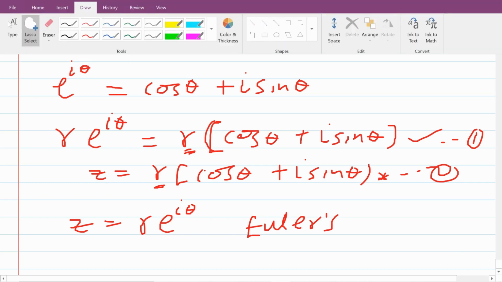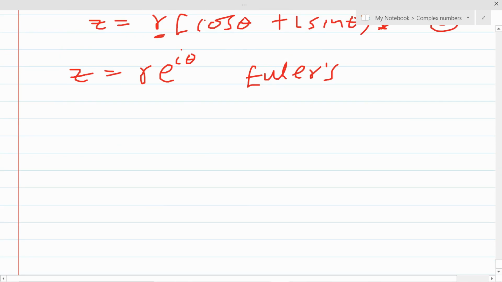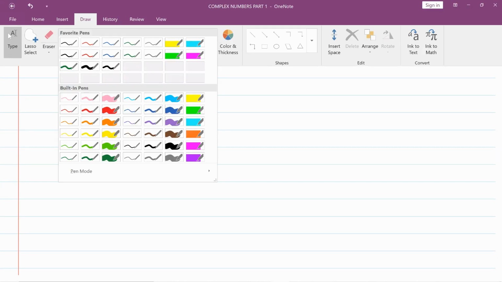Okay, now let's look at some important equation generated by this formula. There is this special equation that is generated by Euler's formula. Okay, let's look at it. The equation is this. We are saying that z can be represented as what? r e to the power i theta.